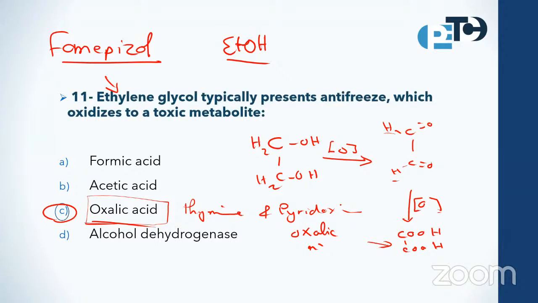Are thiamine and pyridoxine used for all kinds of alcohol toxicity? No, only for this, not for all alcohol toxicity. For example, methanol: what is the vitamin that can help in utilizing the formic acid formed from methanol?